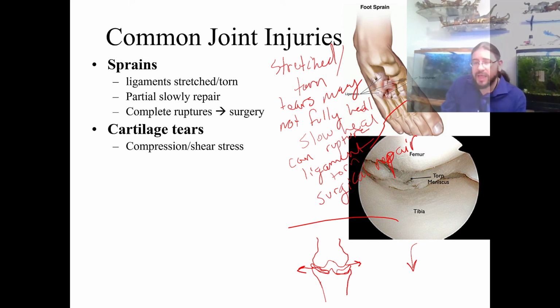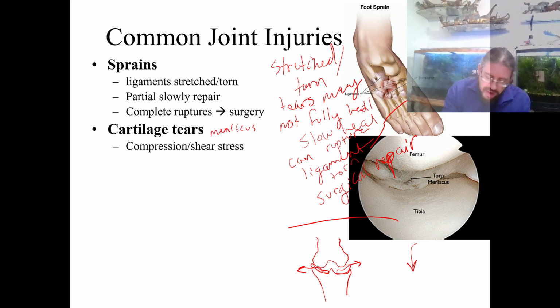So if your leg collapsed laterally, you could put a bunch of shear stress on the cartilage and damage it. The meniscus is one of the biggest issues, so you can have cartilage tears in the meniscus.